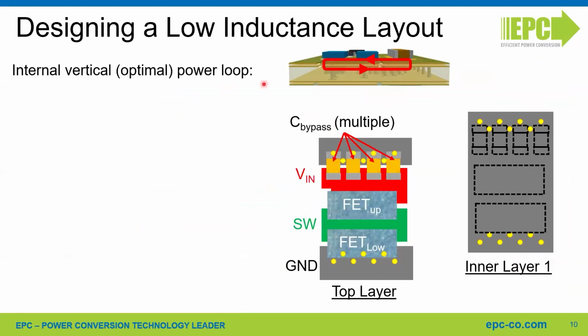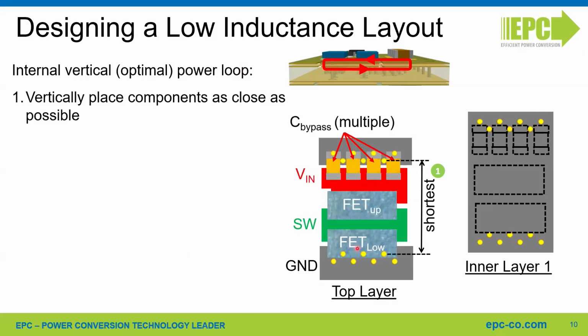So how to design a low inductance layout? First of all, the components are placed on a vertical and as close as possible, so to keep this distance as short as possible.